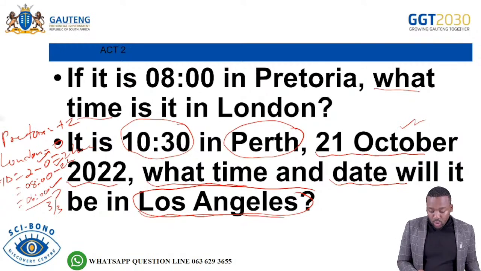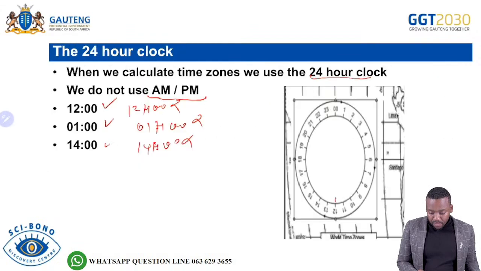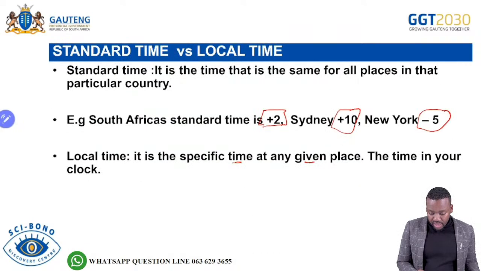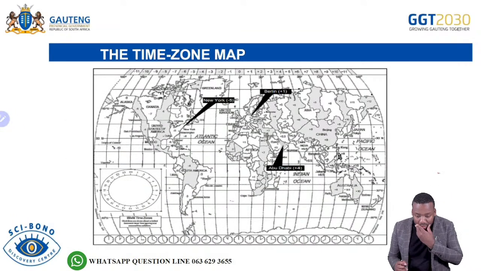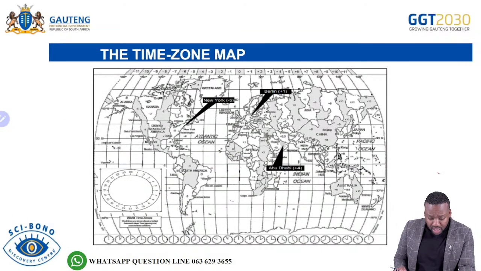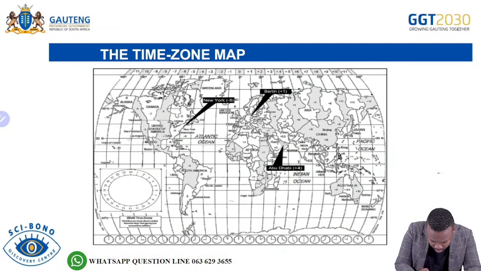Let's go to the map to find Perth and Los Angeles. You need to locate it on your time zone map. Let me go and check. West, Los Angeles, you need to remember that it is in the USA. There it is on your map. Los Angeles, where is it?